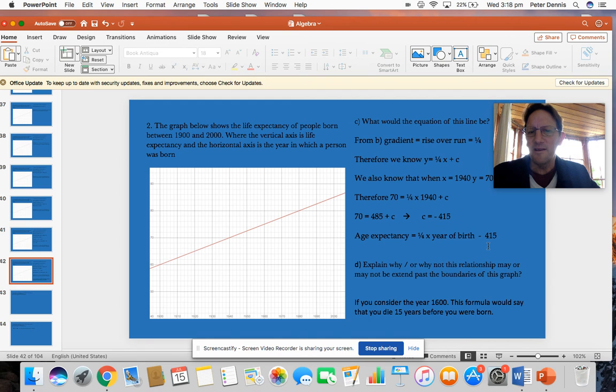Basically, that's saying that you would die 15 years before you were born. And that just doesn't make sense. So for years like 1600, 1700, the average life expectancy would be about 10. So for certain years outside this realm, it doesn't make sense. Thanks.